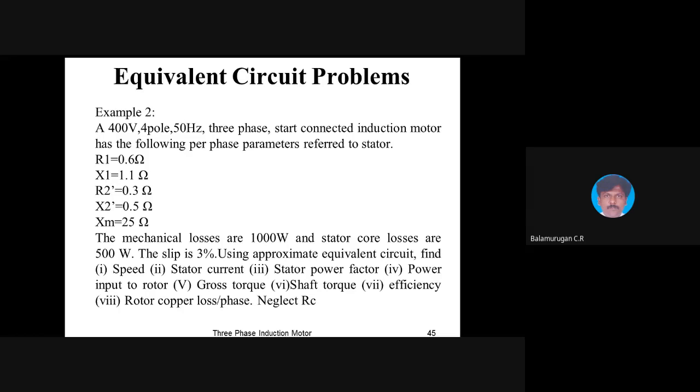What is the value for I1? You check, you are getting 24.56 angle minus 30.5.